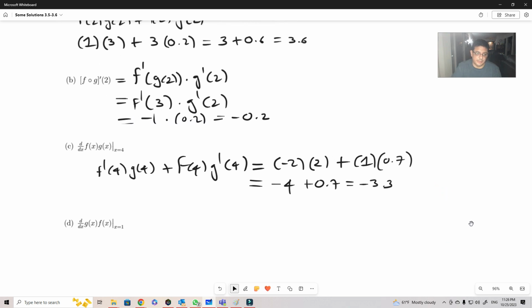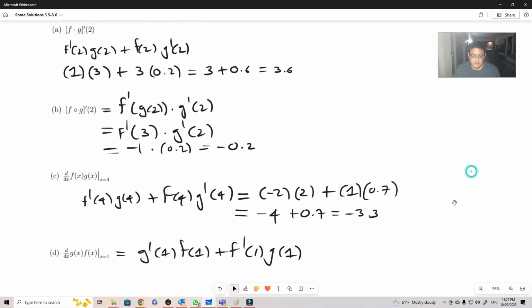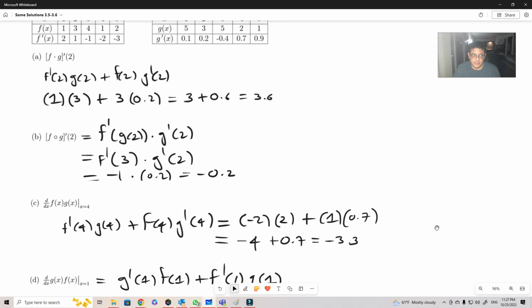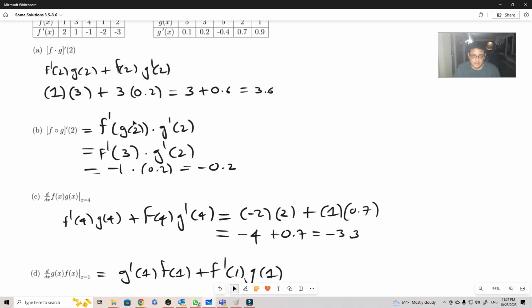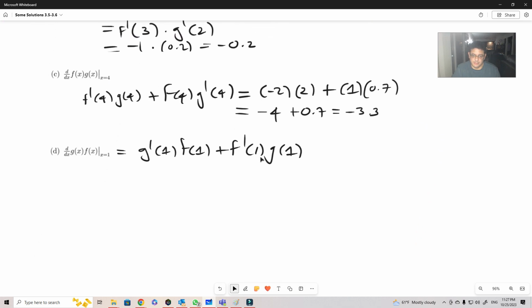D is a similar case. It's just in a different order. So we can see this as g prime of 1, f of 1, plus f prime of 1, g of 1. But it's essentially the same thing. And so once I look up the values, I should be able to just find the result.